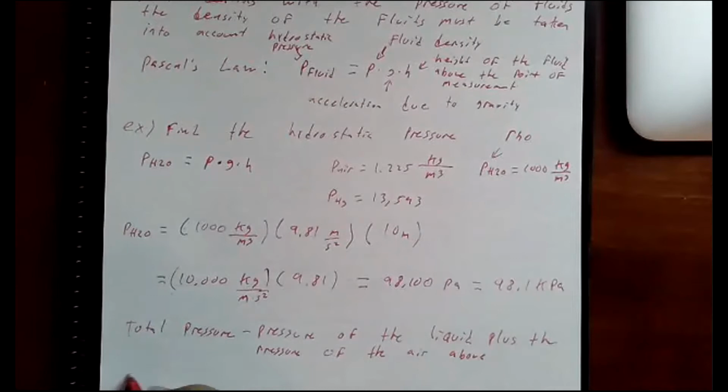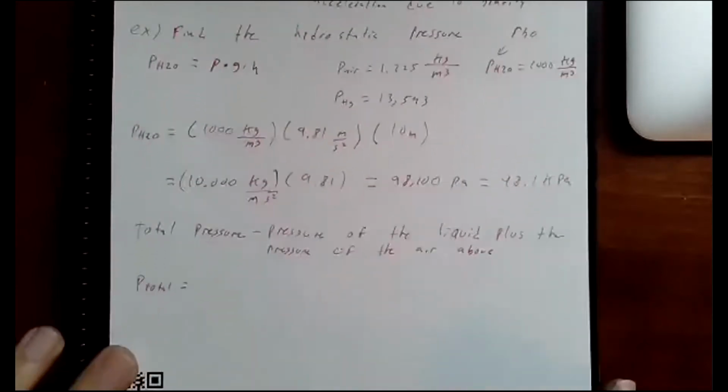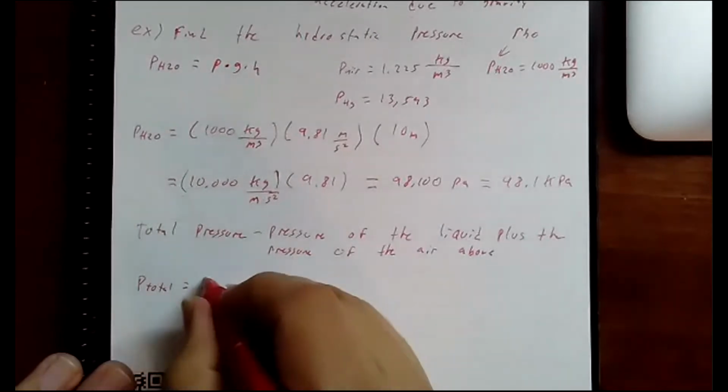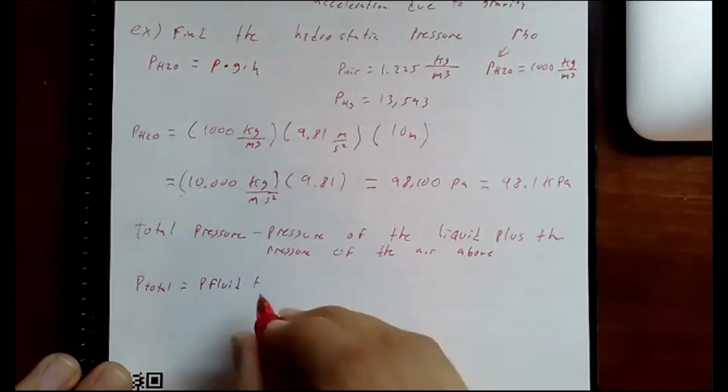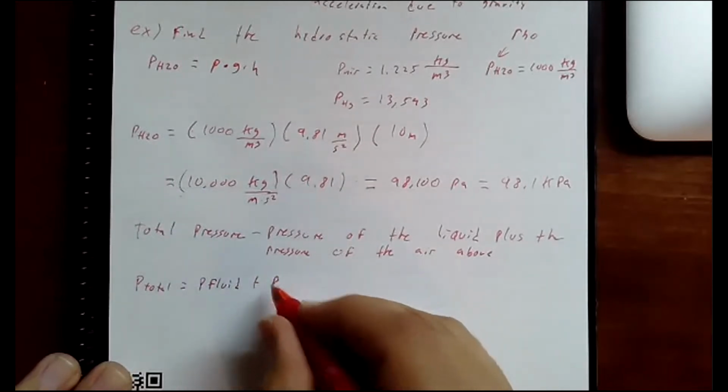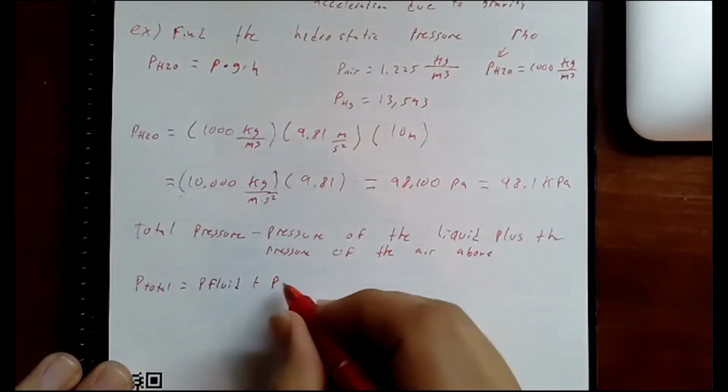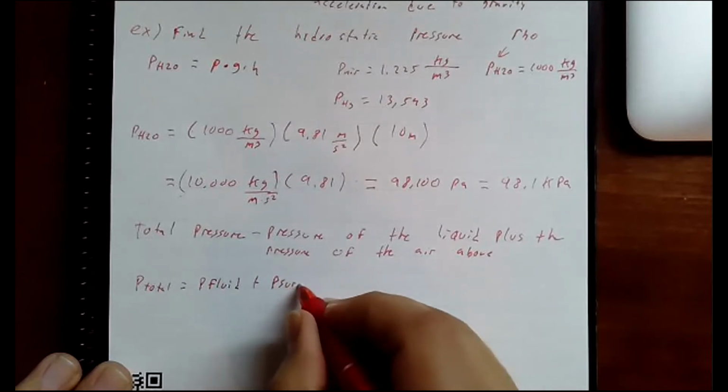So P total is P fluid plus the pressure of the surface above the fluid, the air above.